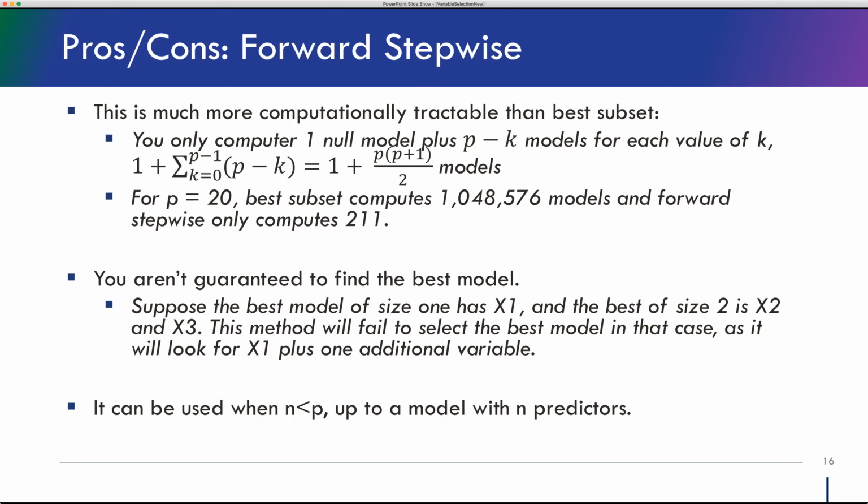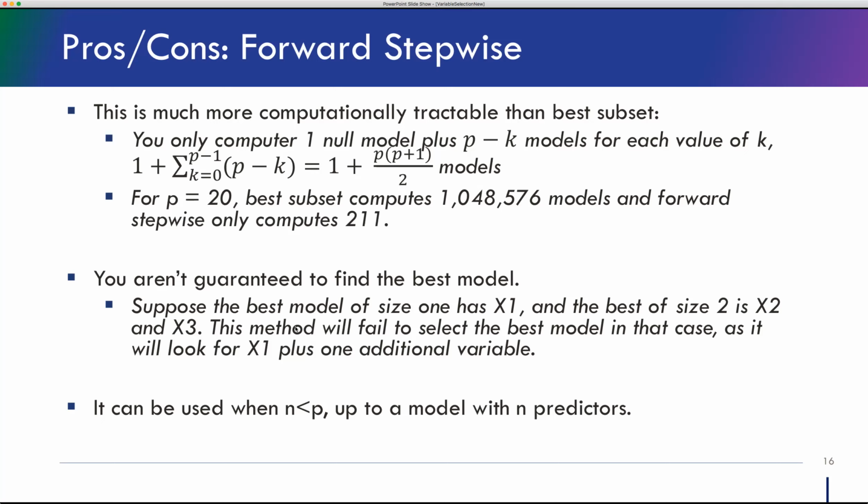So suppose the best model of size 1 would have x1, and the best of size 2 would have x2 and x3. If you use forward stepwise, you start with 0, and then you add 1, and then you add another.